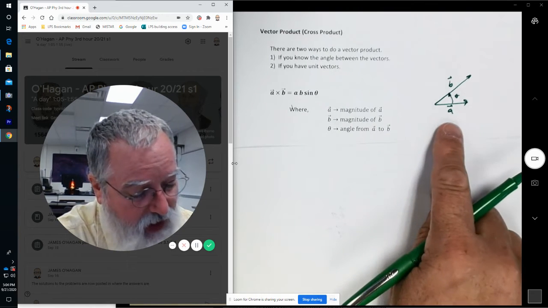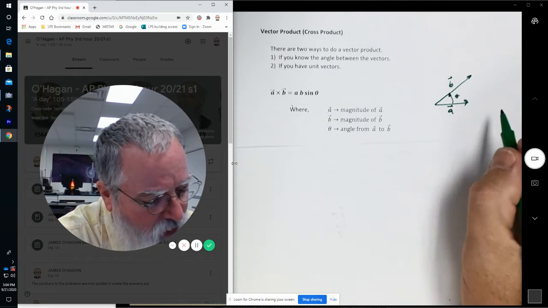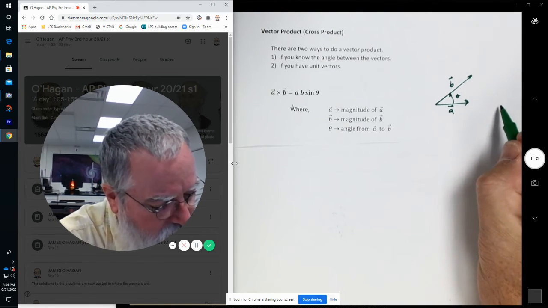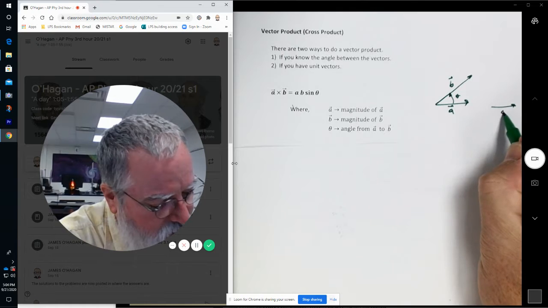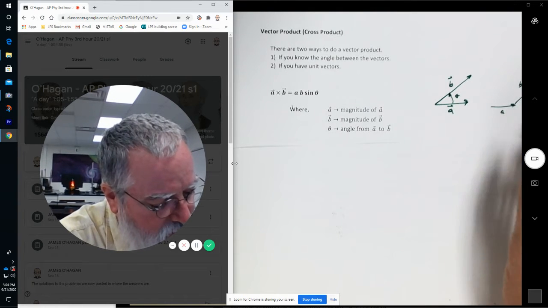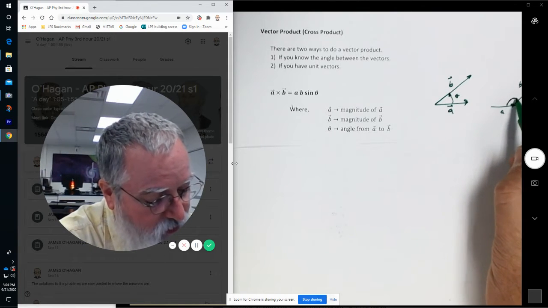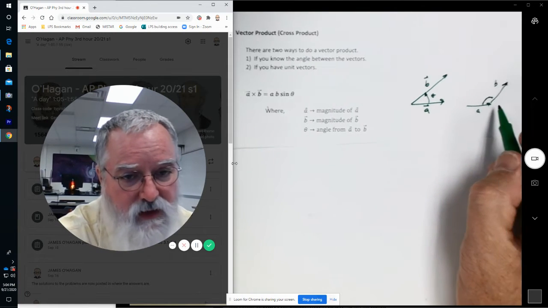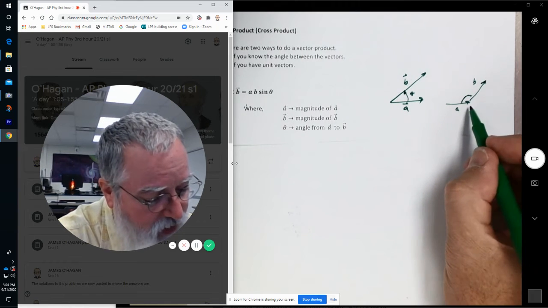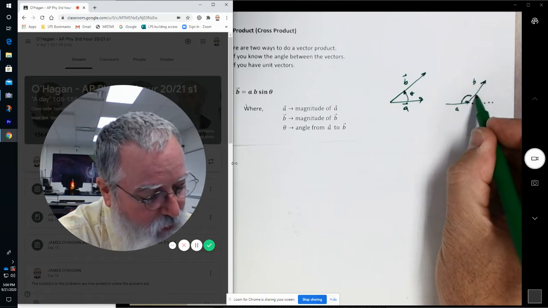It's from A to B. We could draw this a little differently: here's vector A, and here's vector B. Oops, I didn't do that right. The angle from A to B is: continue A, then go from the direction of A to B.